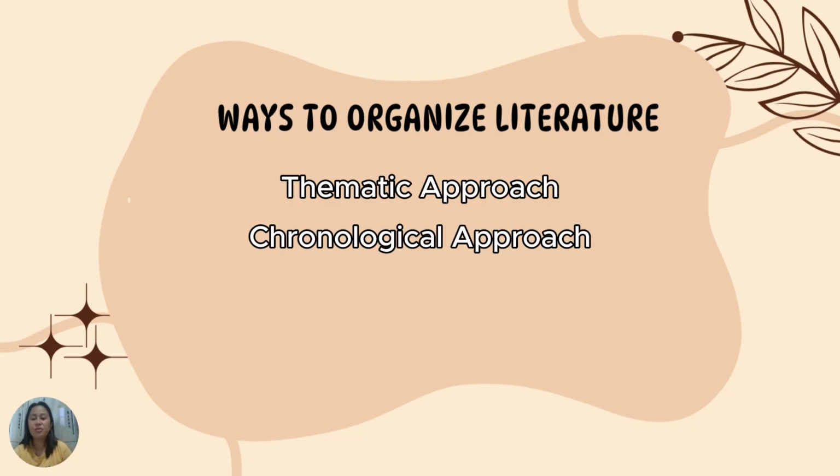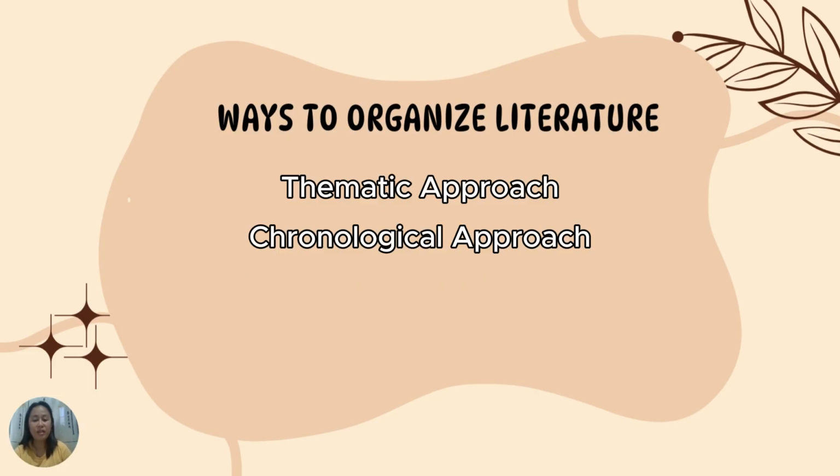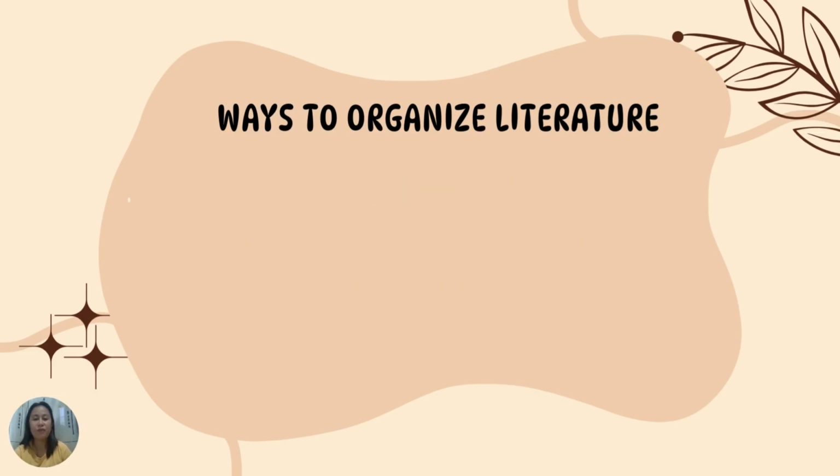You can also use a chronological approach, arranging studies by their publication dates, or methodological approach, grouping them based on the research methods they use. Pick the style that best supports the focus of your study, and that's how you can organize your sources, whether thematic, chronological, or methodological. Choose the one that best supports your research focus.